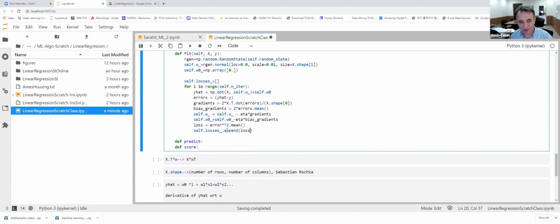Every time I find the loss for the first iteration, I put it inside this list. I find the loss for the second iteration, I put it into this list. The third iteration, I put it too. So this list keeps track of how my loss is changing as I update my W's.